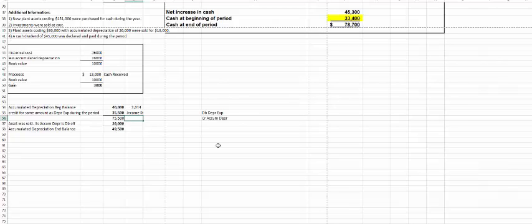But recall that when we sell off an asset, we also have to remove its accumulated depreciation during the year. What if you were not given the accumulated depreciation in your set of facts? Could you figure it out?